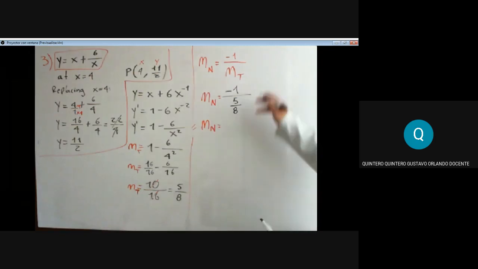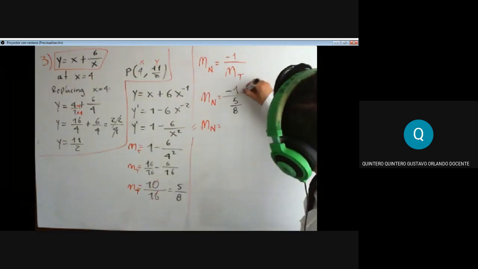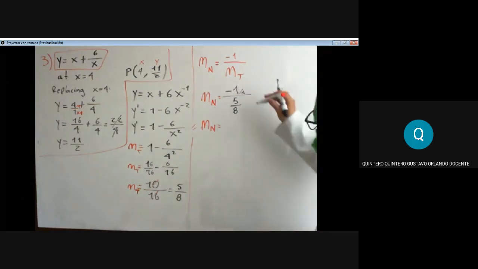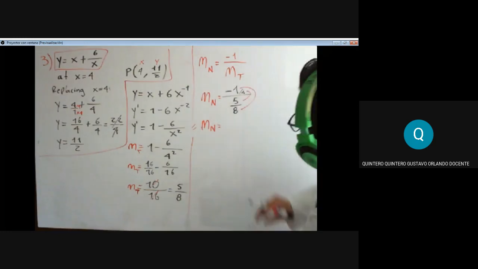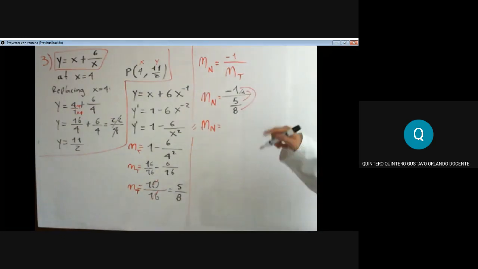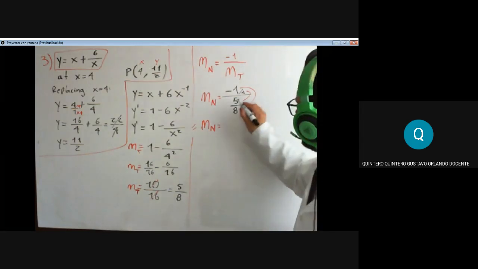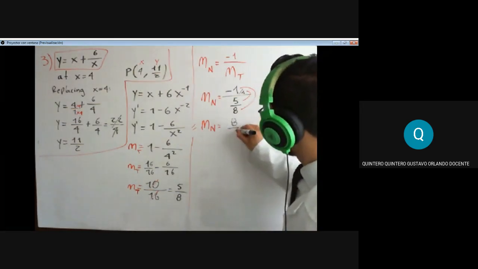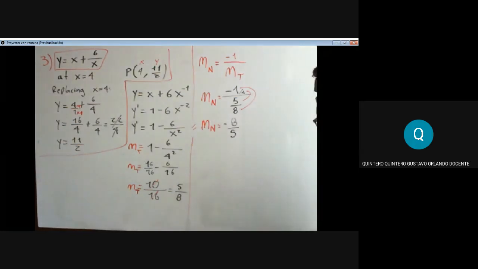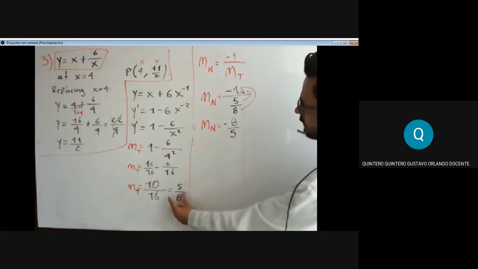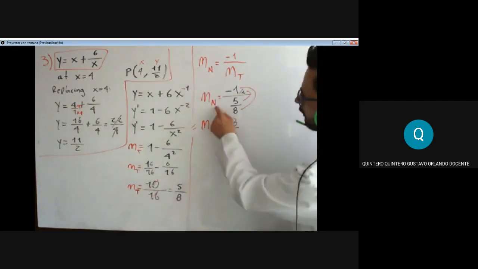All right, so the slope of the normal is now, if you do the algebra right, you're going to put a 1 there, and you can use the rule for dividing fractions, right? The solution will be 8 over 5 and then a negative. So take a look at this. How do you find slopes of normal functions?